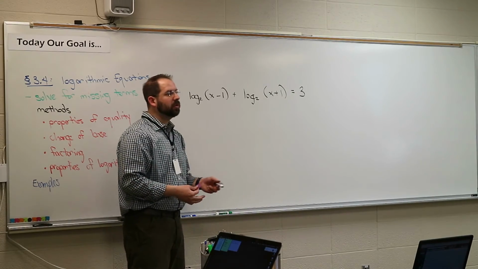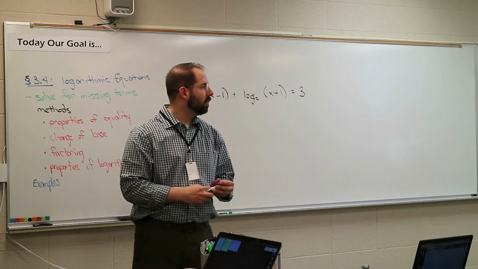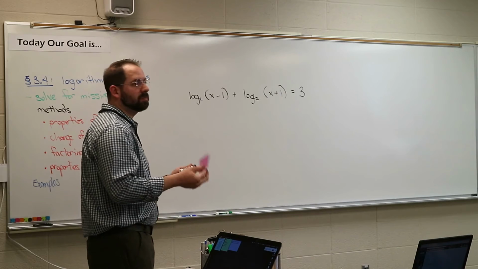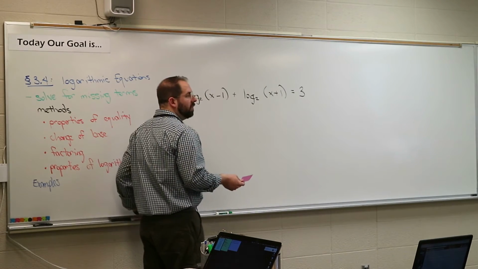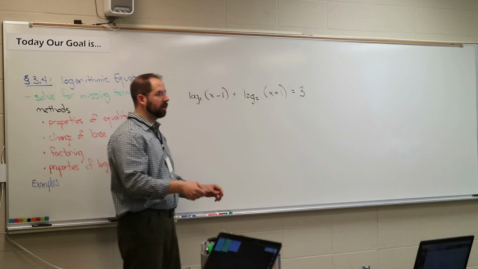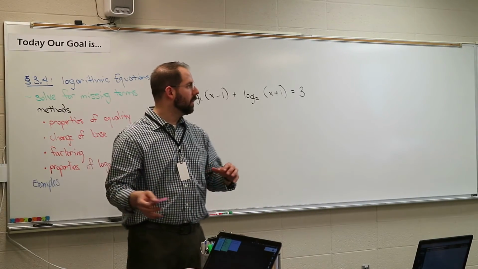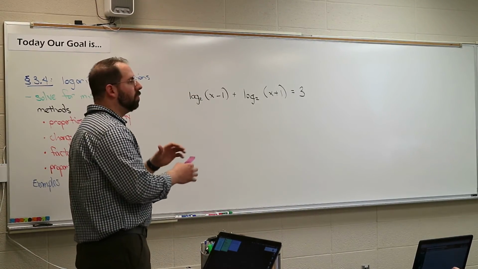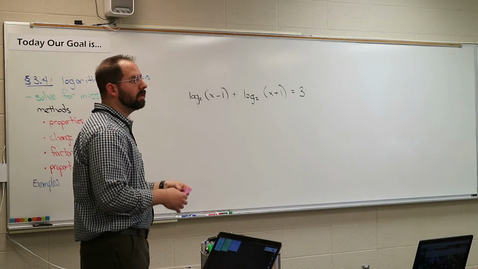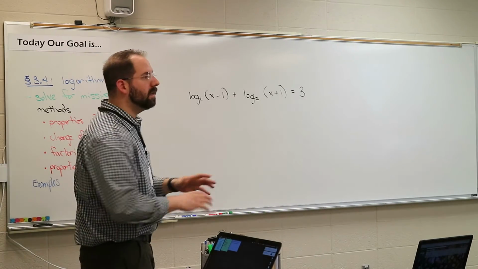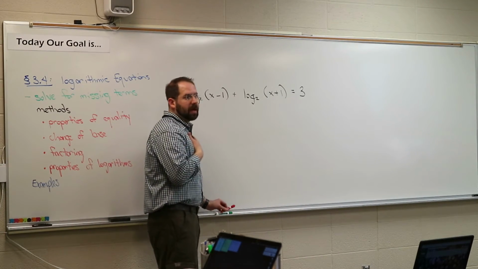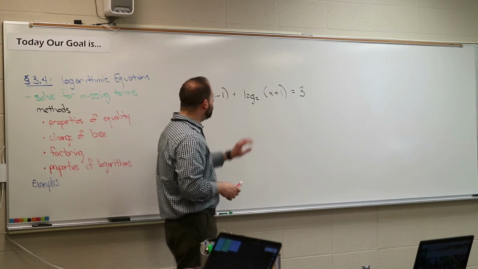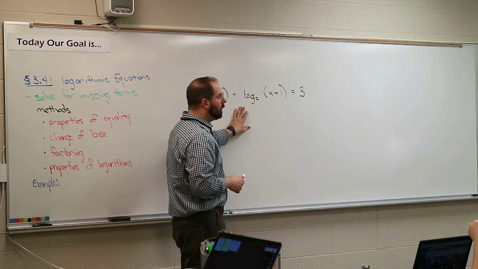There are two ways to do this problem, and I'm going to show you both. I warn you, these problems are definitely more challenging than the previous ones, just because of the amount of work we have to do. So what I always recommend, if you can, is to move all the logarithms to one side.